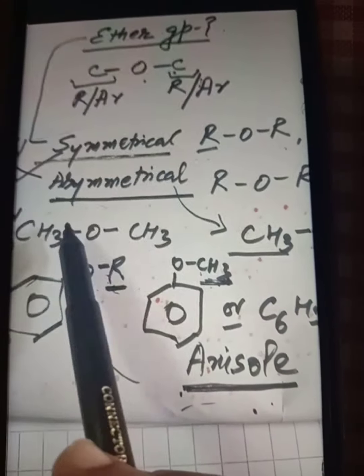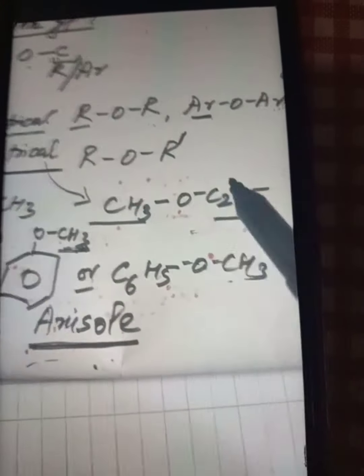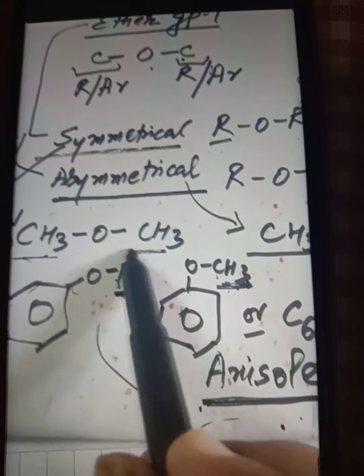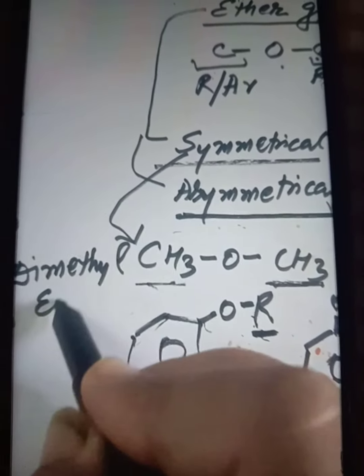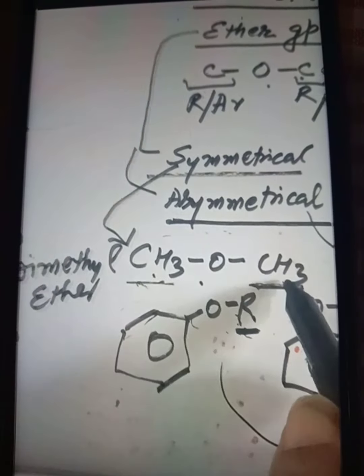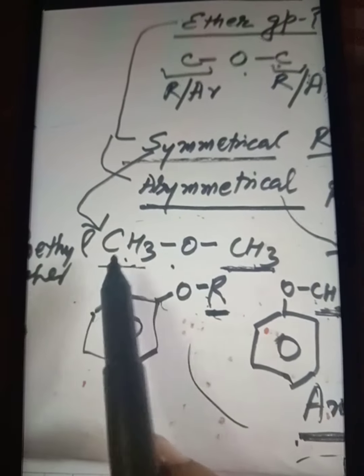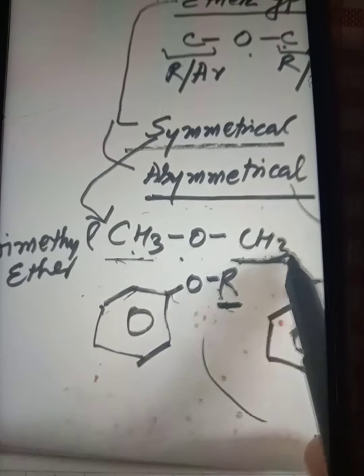So it is clear what are ethers, what is symmetrical ether, what is asymmetrical ether. The common name of these ethers: here it is methyl group, here also it is methyl group. So the name becomes dimethyl ether. We never write methyl ether because both the groups are same, so we write dimethyl ether. C2H5OC2H5, we write diethyl ether.